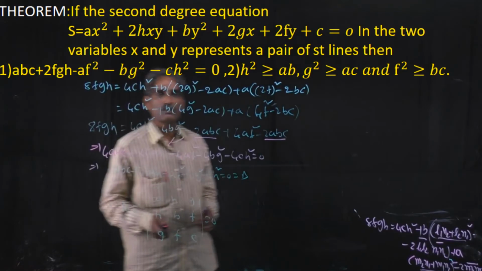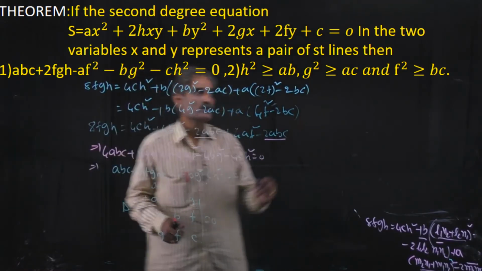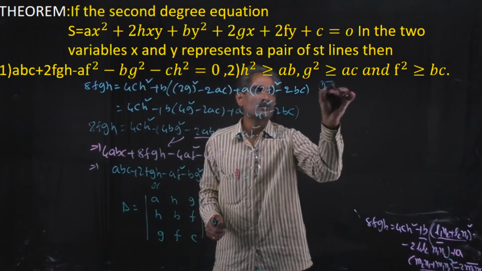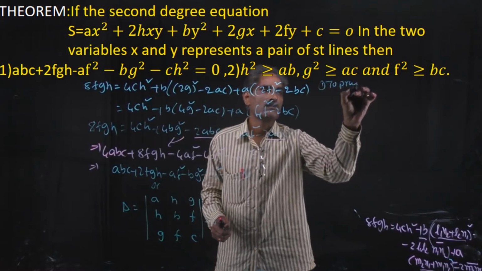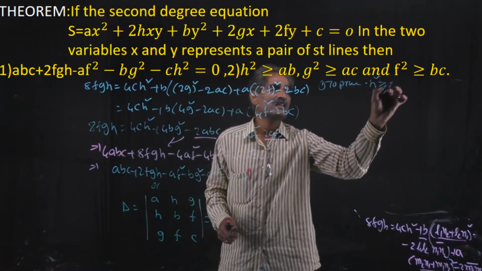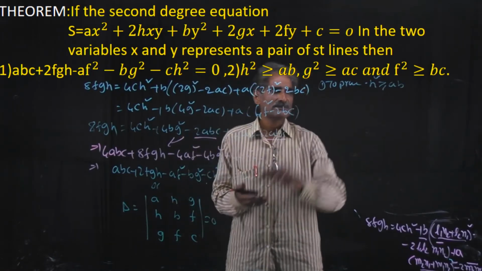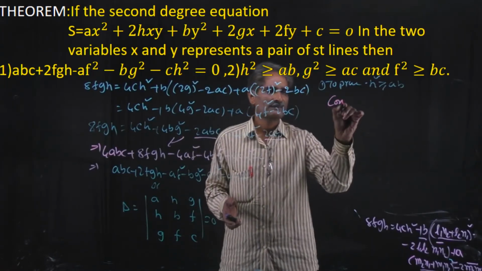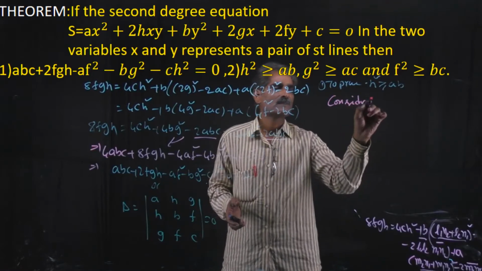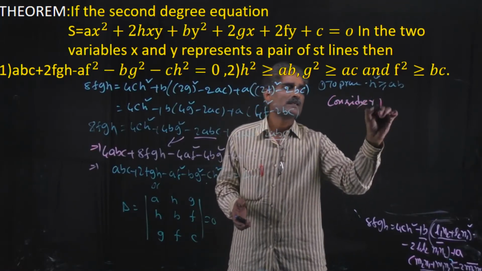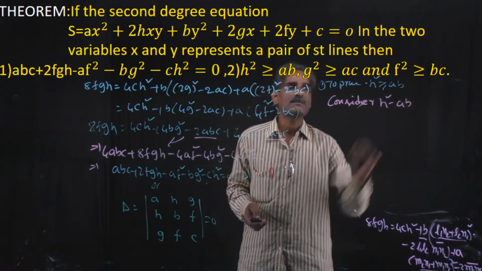Okay, so what about the remaining conditions? We have to prove that H square is greater than or equal to AB. For this, consider H square minus AB.